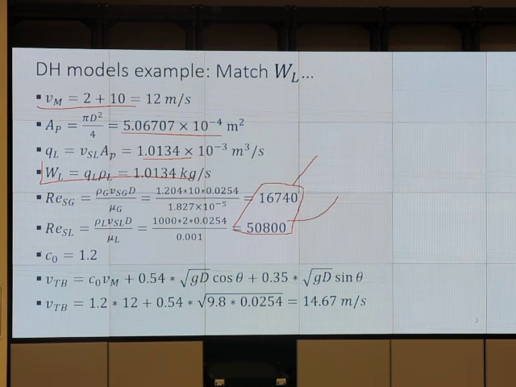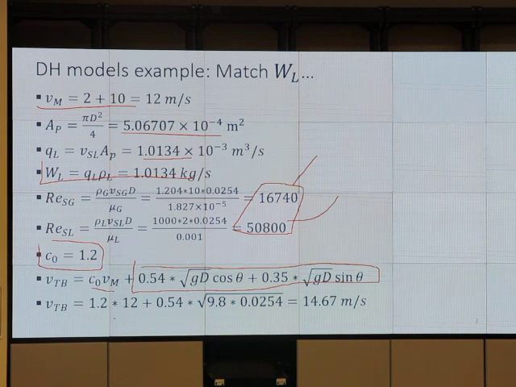Based on those, we can select C0. Calculate VTB from C0, VM, and the drift velocity. Substitute the values in, get VTB. Everything here is for incompressible flow. Velocity has to be a lot less than the speed of sound. So like 20 meters per second is kind of the limit.